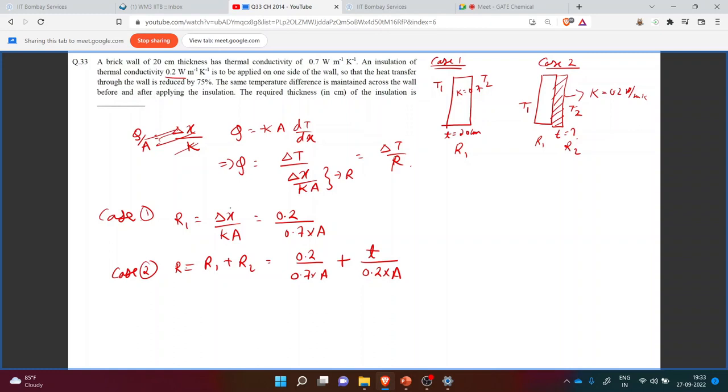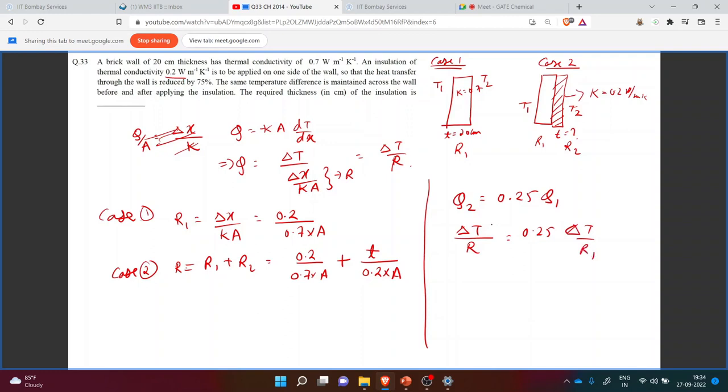Now in the given question we have been given that the heat transfer to the wall is reduced by 75%. That is, we can also write this as Q2 will be 25% of Q1. That is, Q2 is equal to 0.25 Q1. Now Q2 is delta T upon R, and 0.25 times Q1, which is delta T upon R1.